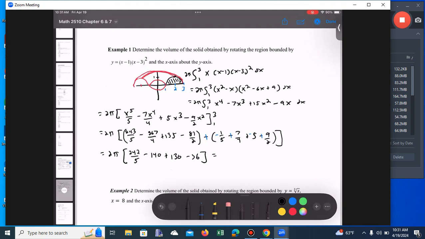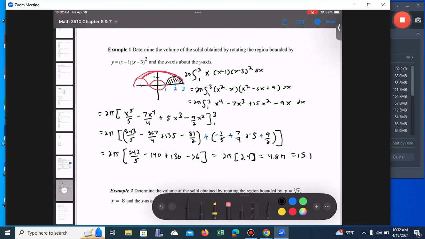So 242 divided by 5 is 48.4, minus 140 plus 130 minus 36. You get 2.4. You get 4.8 pi or 15.1.